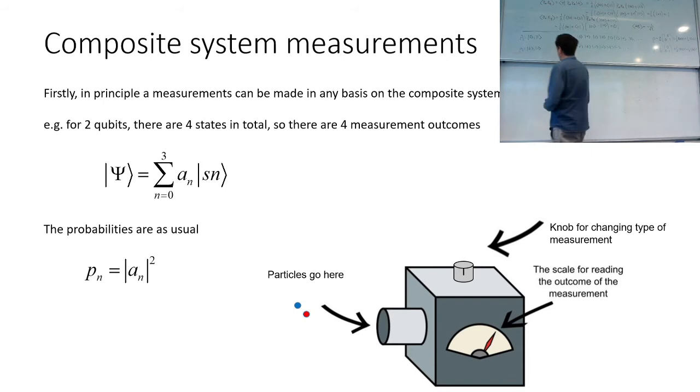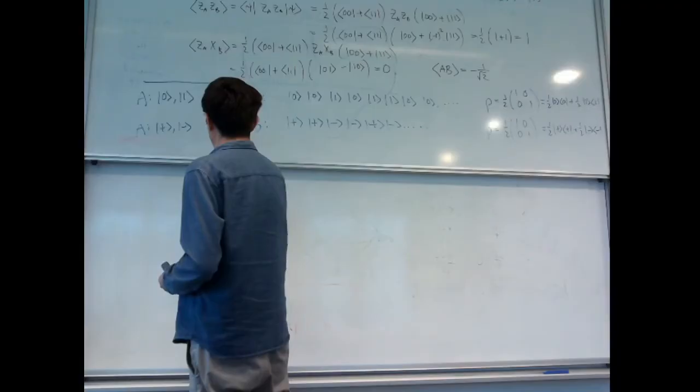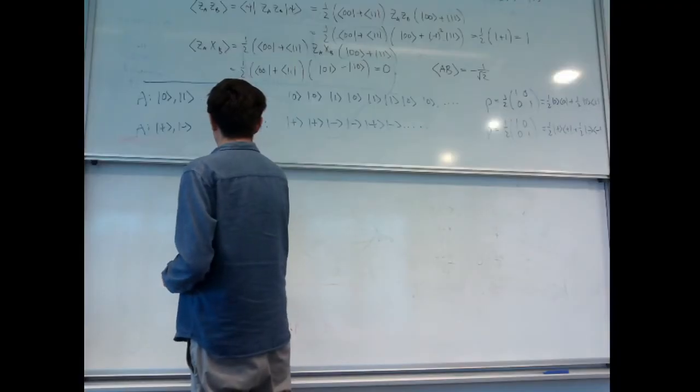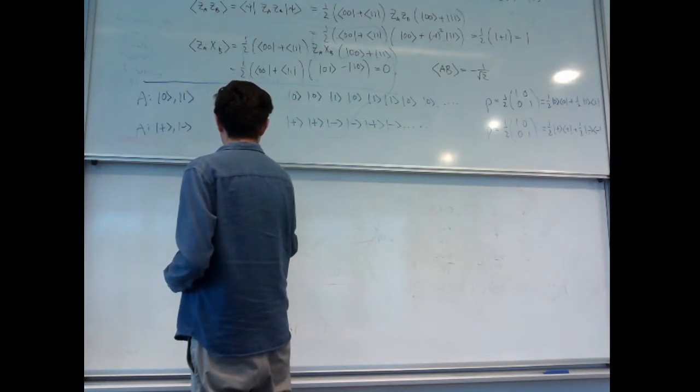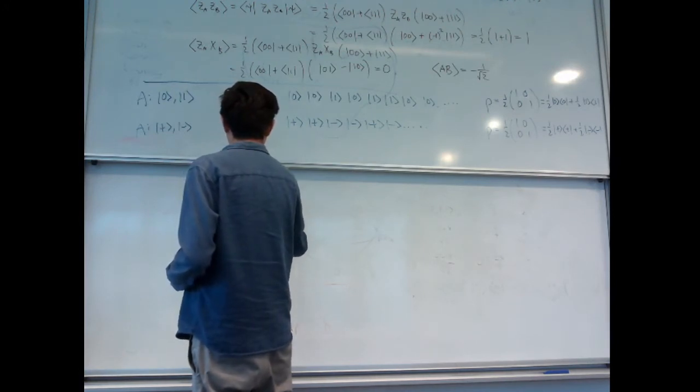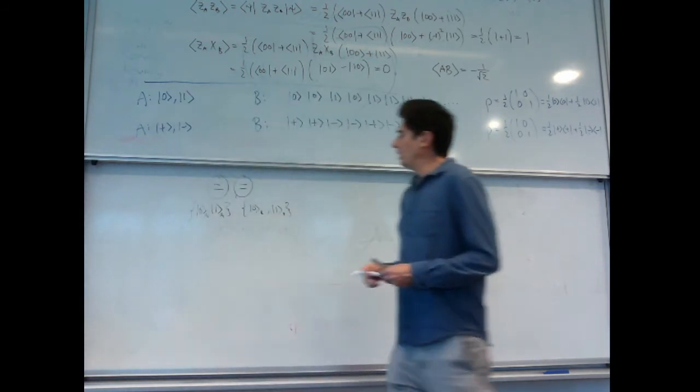So say we've got 2 qubits like this. Each one of the qubits, say this is Alice's one, and here are Bob's states.